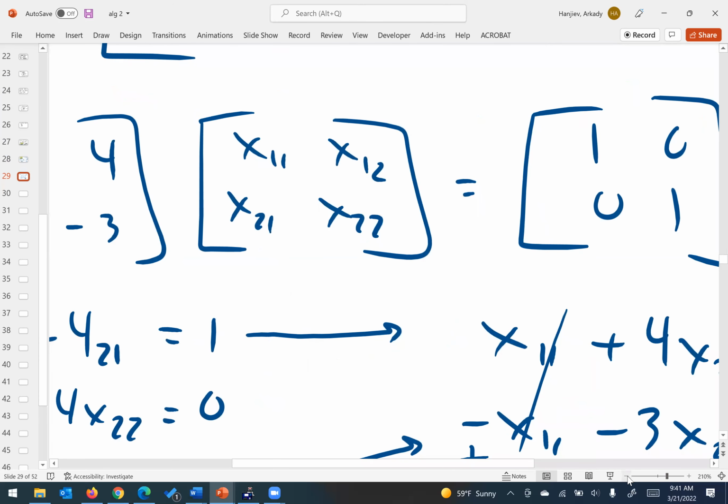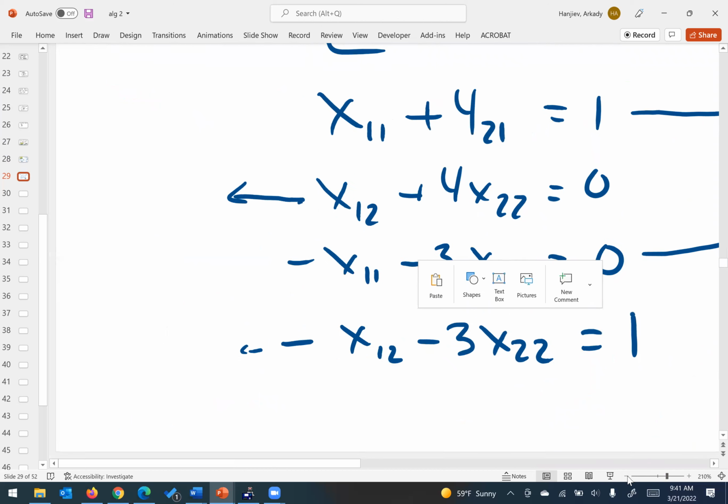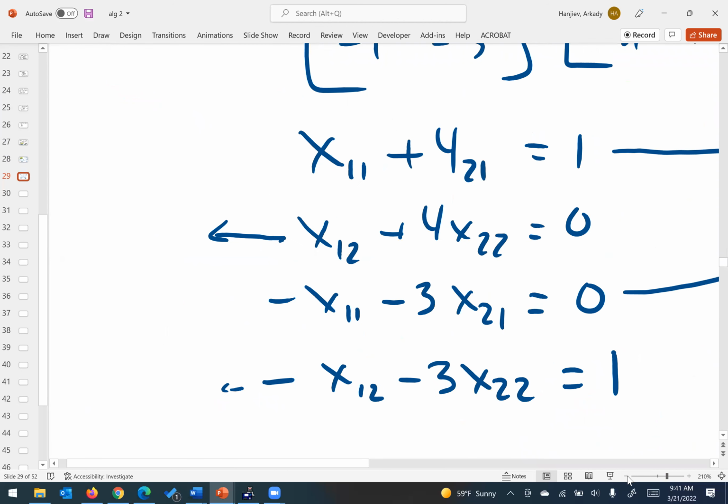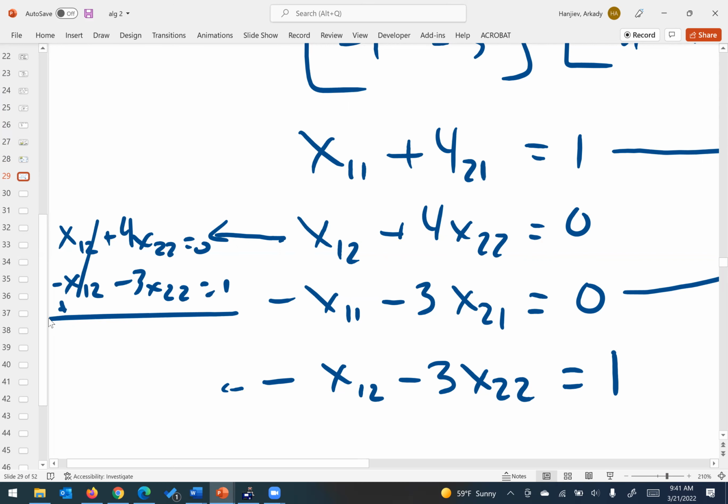I wonder if I could just do it like this. Let's see. I'm gonna do this one real quickly on the side. Let's see, x12 plus 4x22 equals 0. Negative x12 minus 3x22 is equal to 1. Add them up. That guy's gone. x22 is equal to 1.